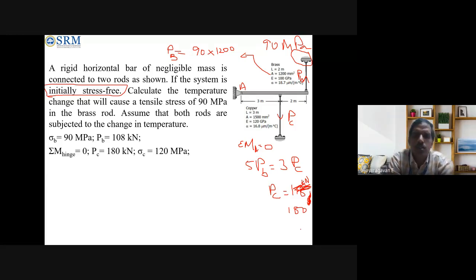Once the load is known, you can find the stress. Stress is force by area, that is 180 kilonewton by area 1500 mm square. So you can calculate it.